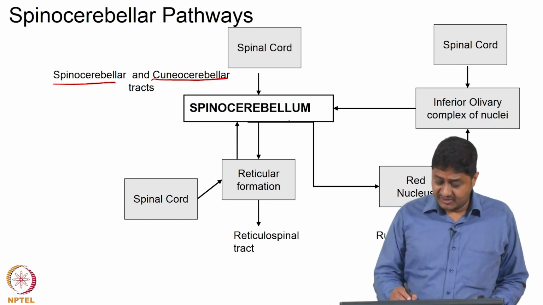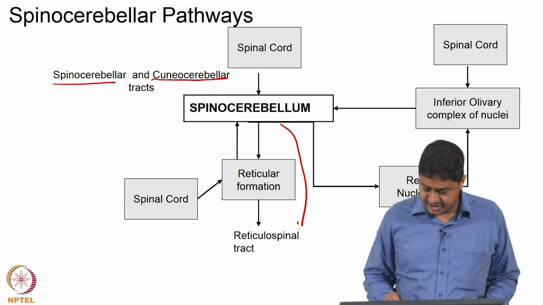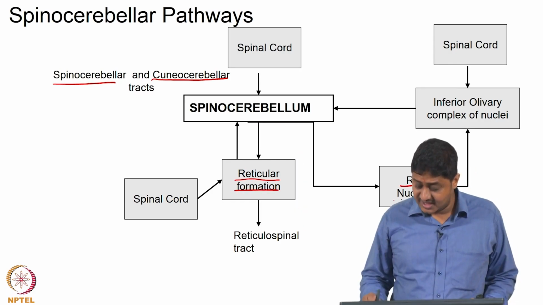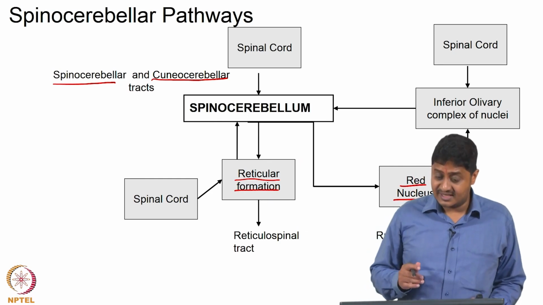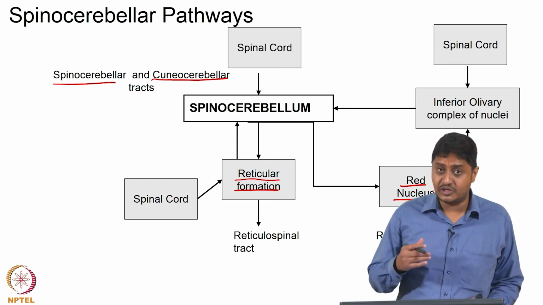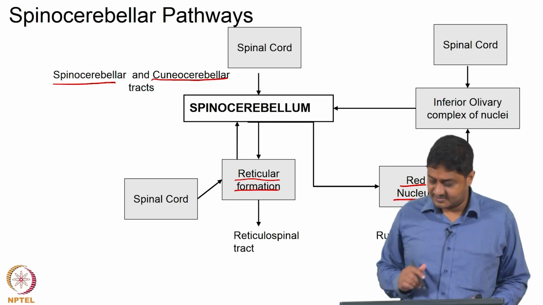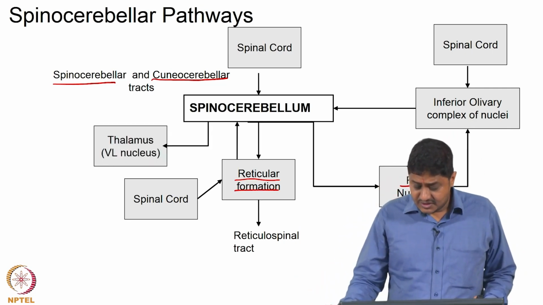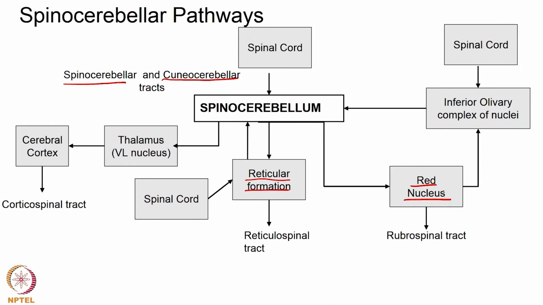So, note here from the spinocerebellum there is no direct projection to the spinal cord, but rather it is only through reticular formation and red nucleus in the case of spinocerebellum. In the case of cerebrocerebellum, it is going to be through thalamus and cortex, that is in the next few slides. Okay. So, there are multiple cases. For example, it also projects in some cases to the ventrolateral thalamus and cerebral cortex through the corticospinal tract.